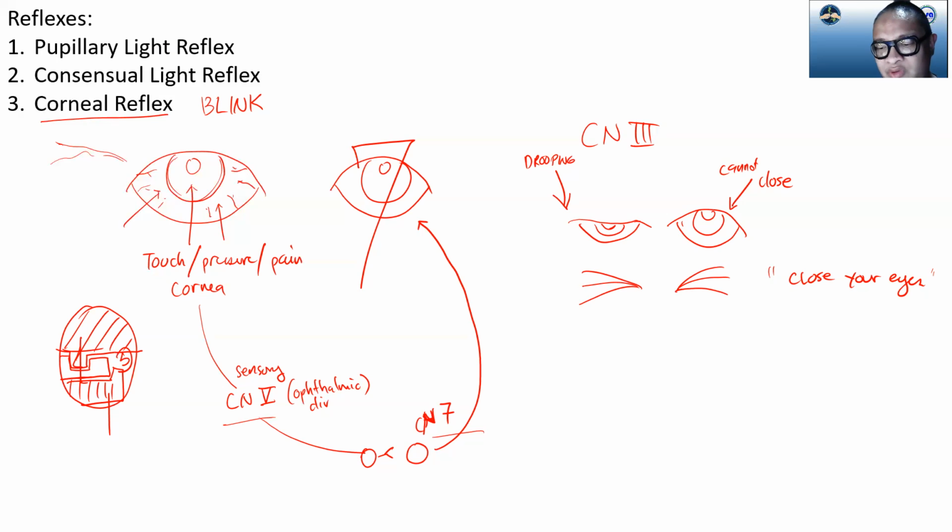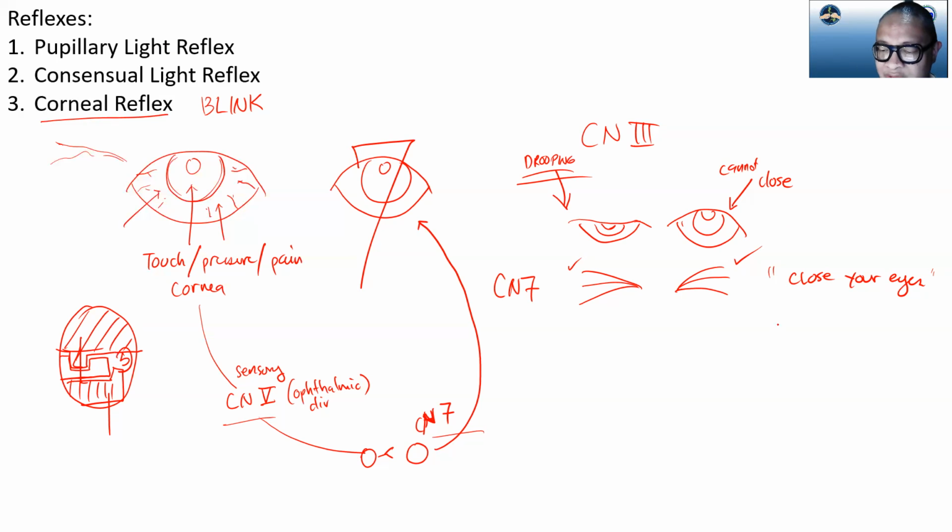So what have you tested? You have tested that cranial nerve 7 on both eyelids are intact. So your cranial nerve 7 is okay. So meaning you really have a problem with your oculomotor.